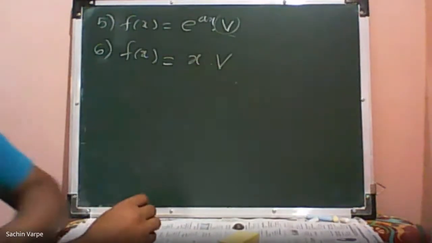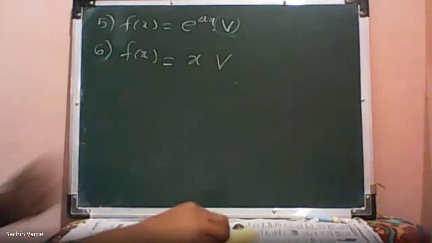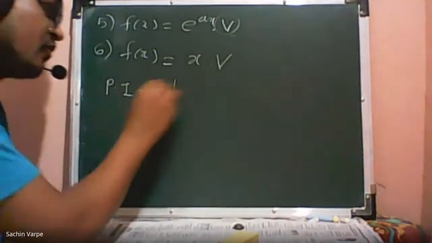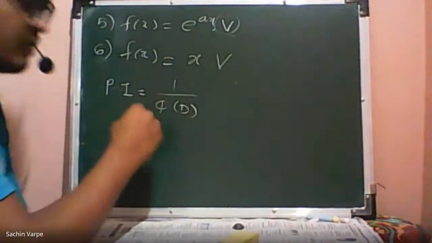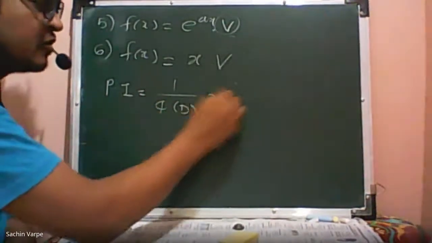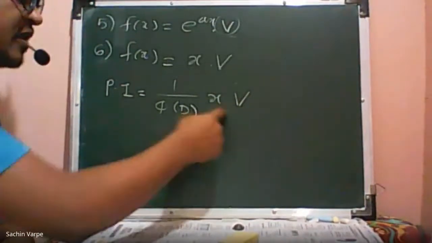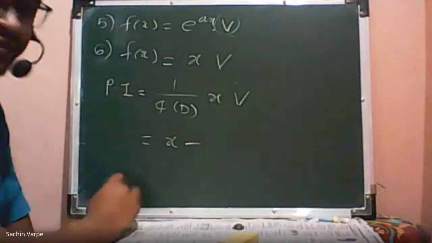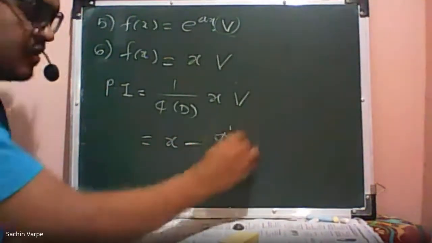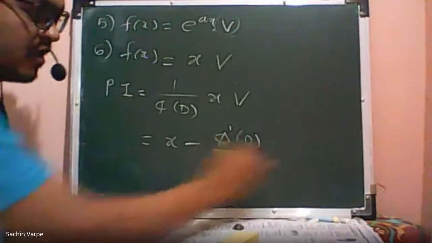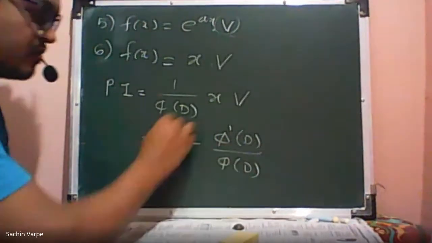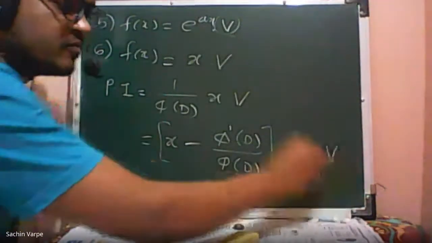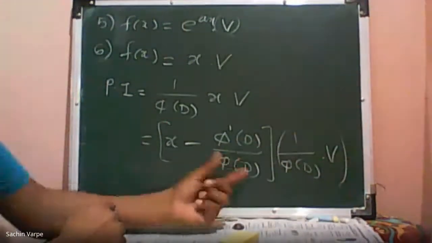Then the particular integral, I'm directly giving the formula: pi is equal to 1 upon phi of d into x into v, which is equal to x minus phi dash of d upon phi of d, into 1 upon phi of d into v. This is the formula actually.